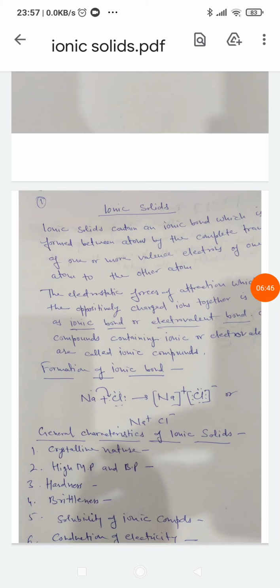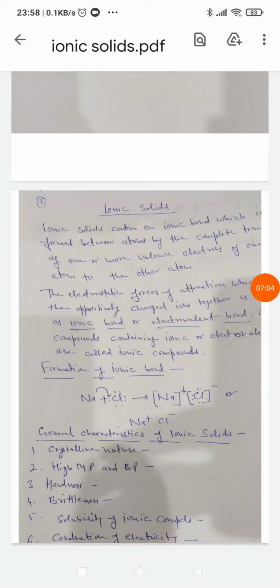Number 7, ionic reactions. Ionic compounds split up into oppositely charged ions when dissolved in water. The chemical reactions of ionic compounds which are characteristic of the constituent ions are known as ionic reactions.